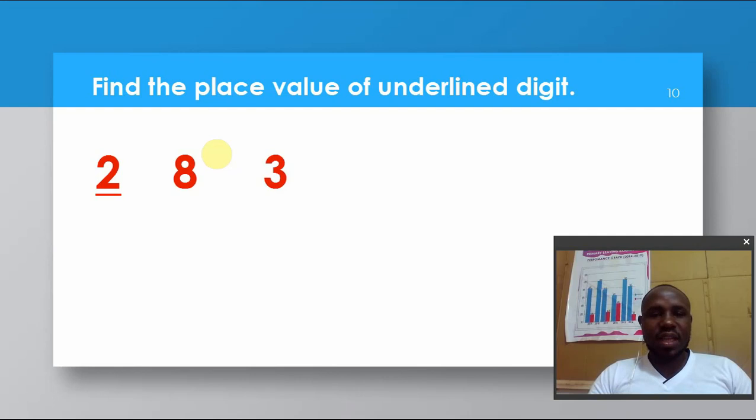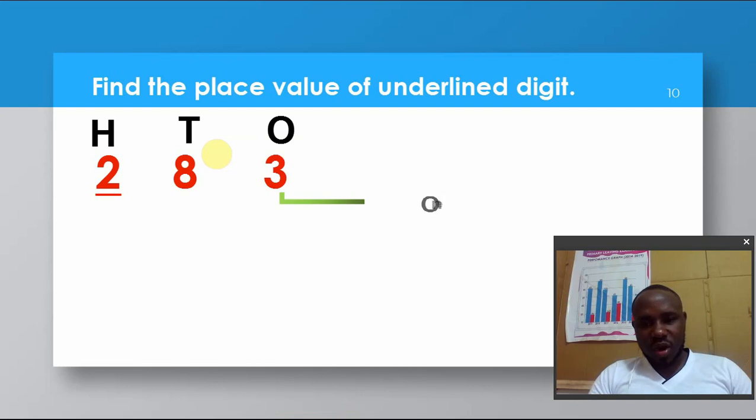Find the place value of the underlined digit. The underlined digit here is 2. So we shall work it out as we have been working it out. The first one we have said is ones, another one is tens, and the last one is hundreds. This one is ones. Good.